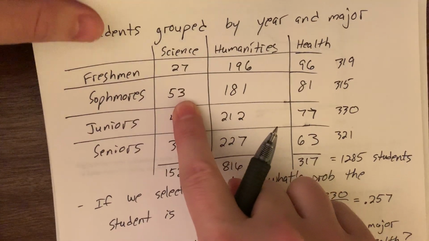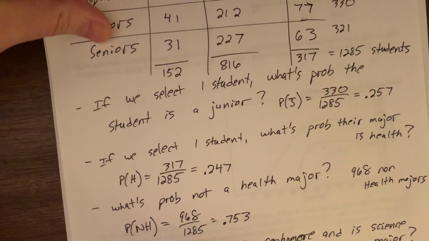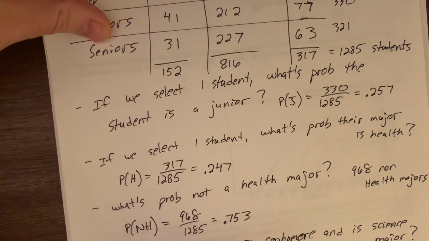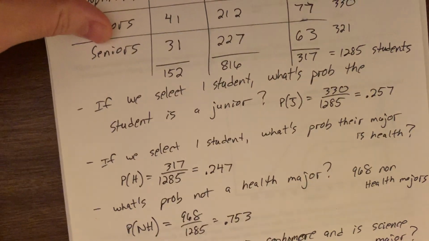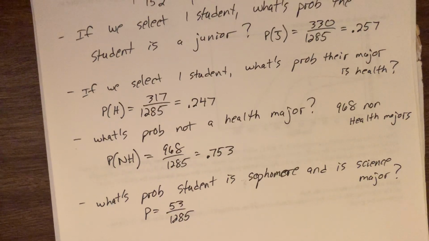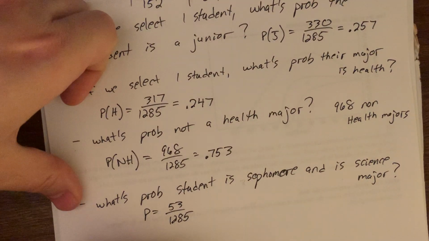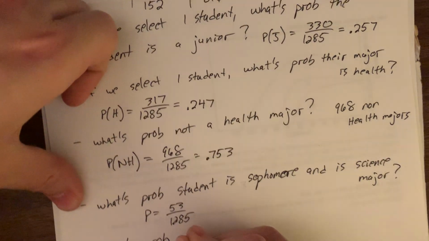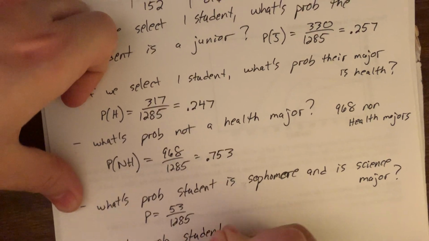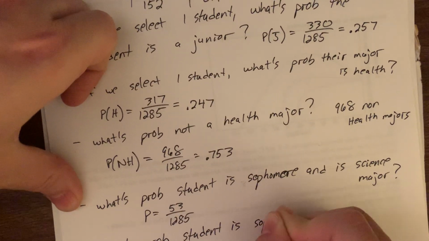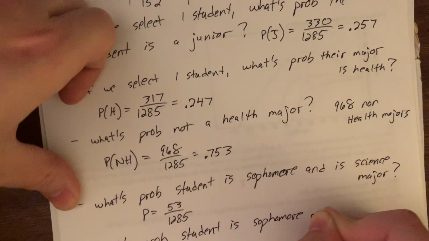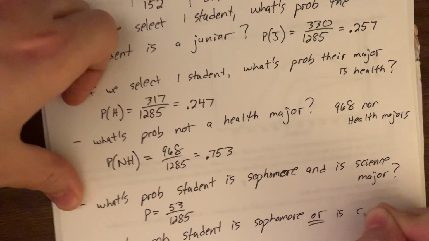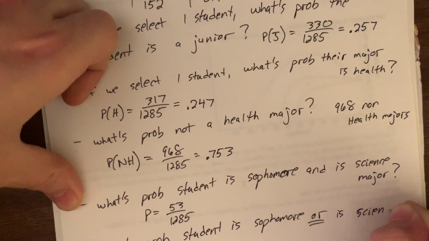I'm only considering these 53 people. So this probability would be 53 over 1,285. That is a big difference between saying and versus saying or. What's the probability the student is a sophomore or is a science major?